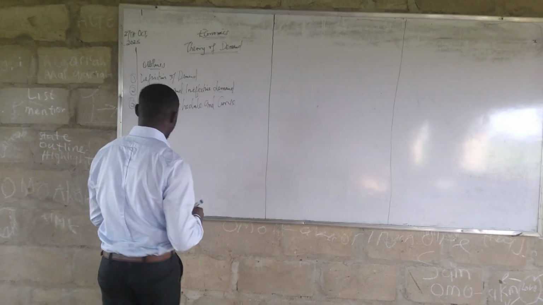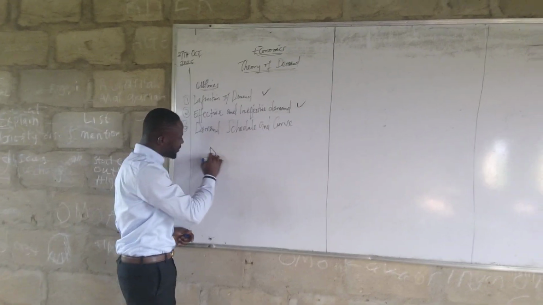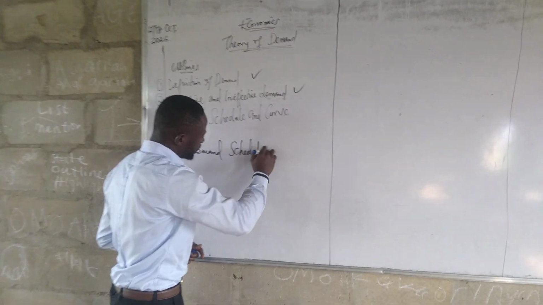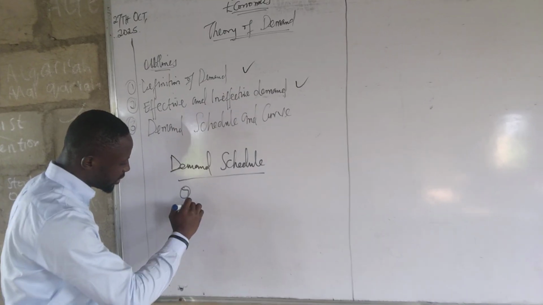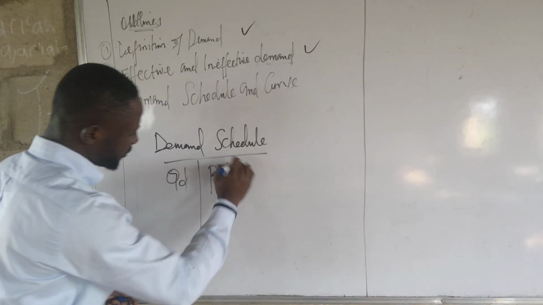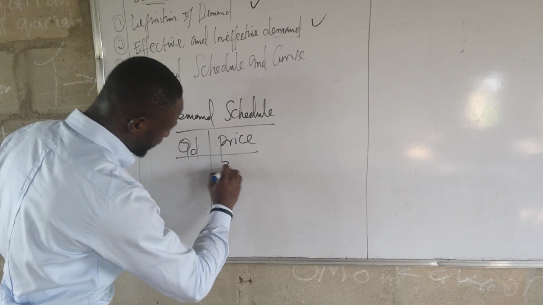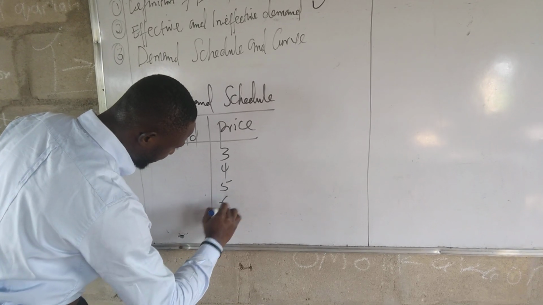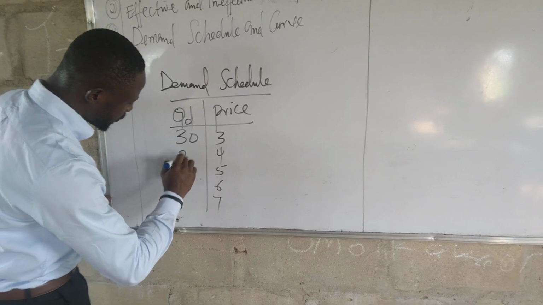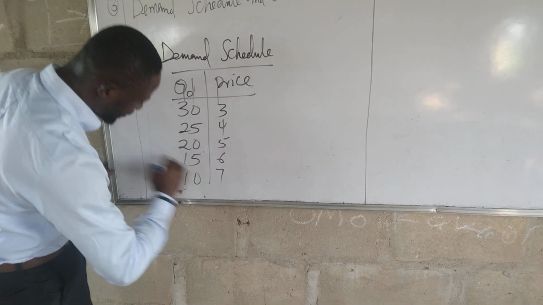Now, this is how our demand schedule and demand curve looks like. Let's say, for instance, I'm having for demand schedule, we have quantity demanded and we have price. Okay, for our price we have 3, 4, 5, 6, and 7, and for quantity demand we have 30, 25, 20, 15, and 10.